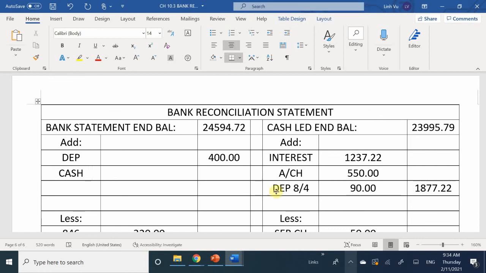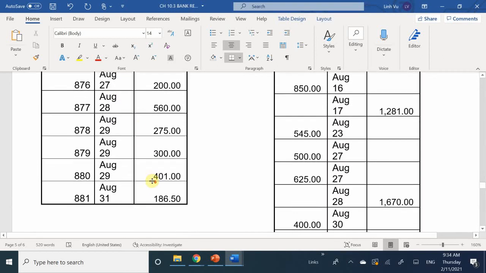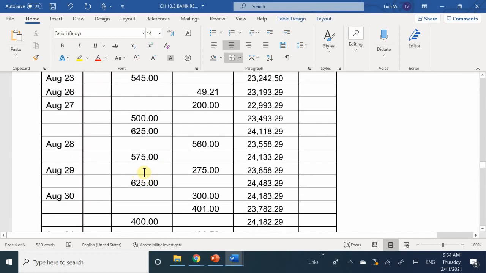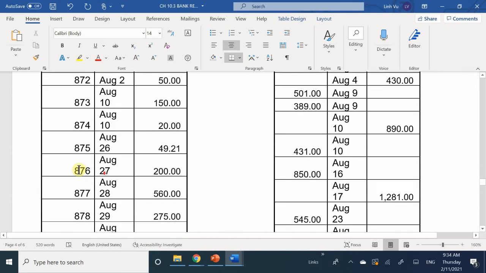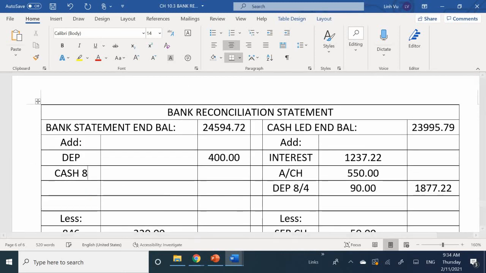Cash, let's see what the dates are for those. So I have cash for 575 for August 28, and then I have one for August 29 for 625. So cash for 828, and I also have cash for 829.